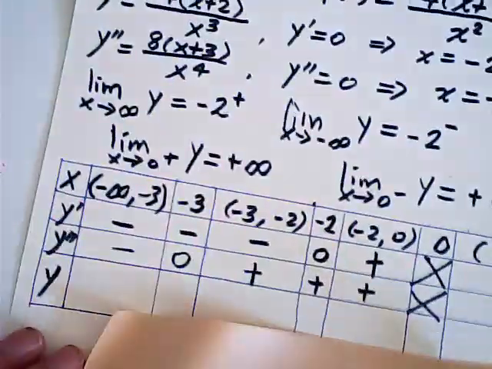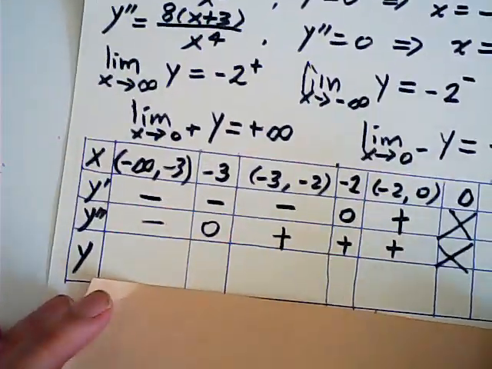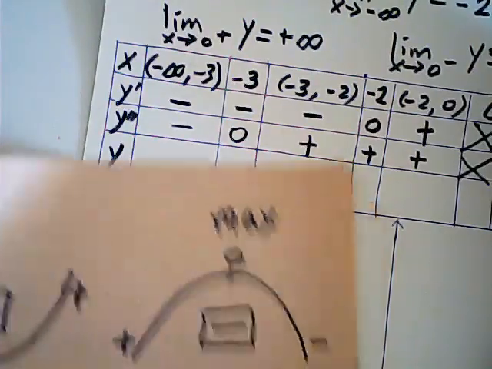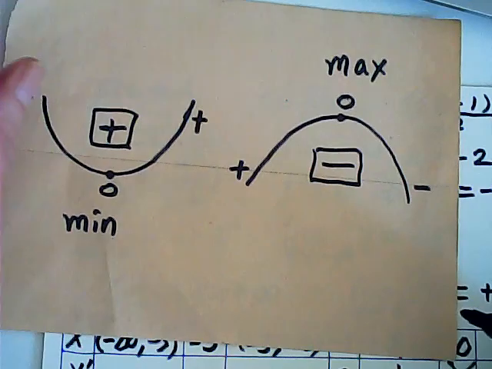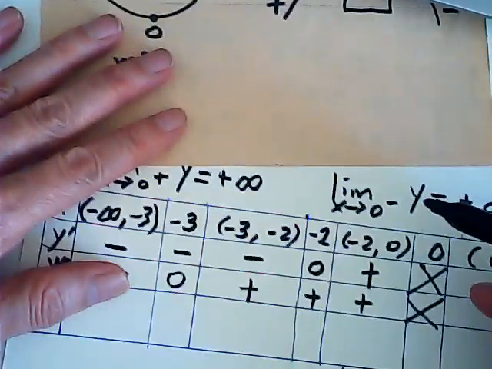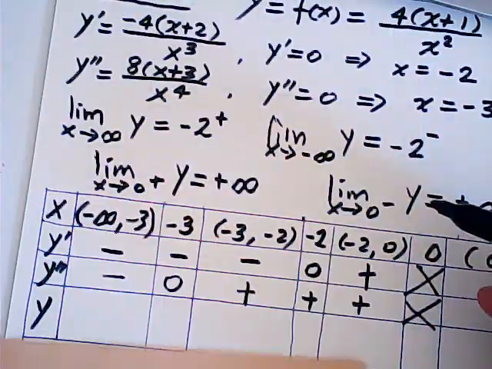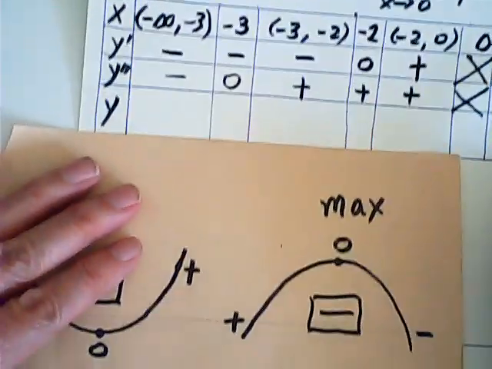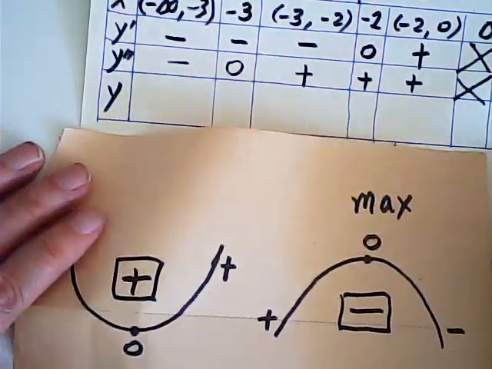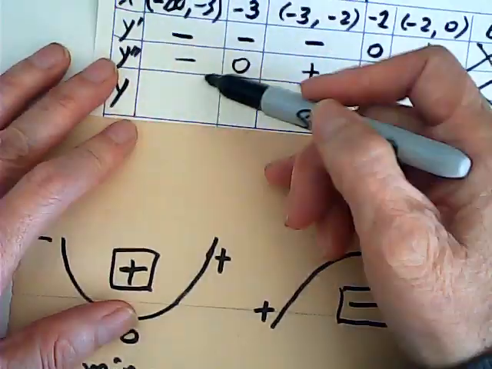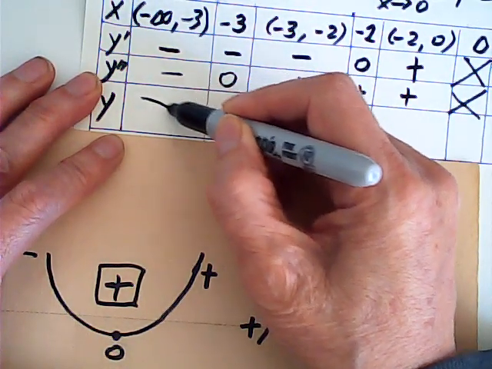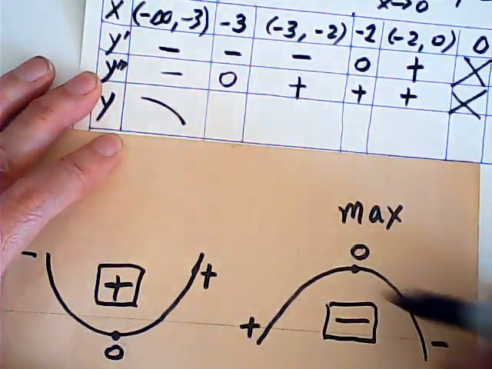Okay, now we can put them together this way. Well, it's hard. Okay, this is better. Now, negative, this shape. You see?